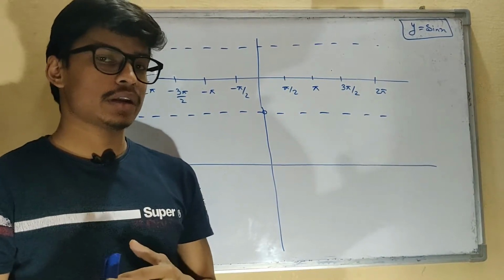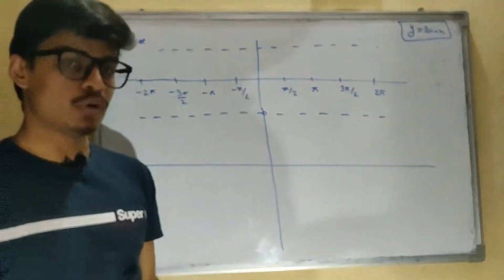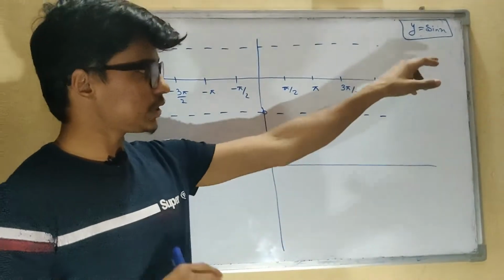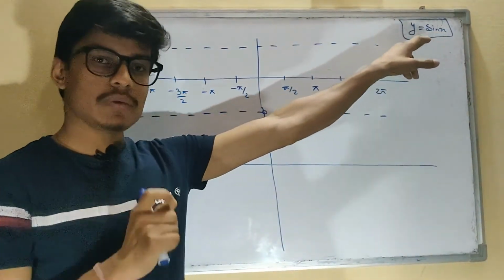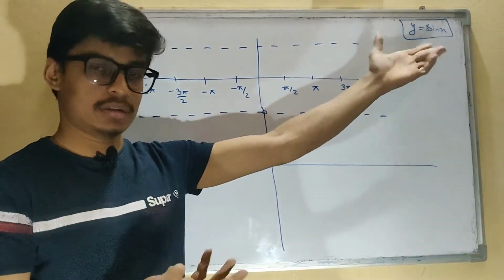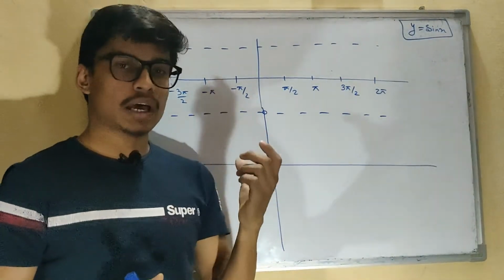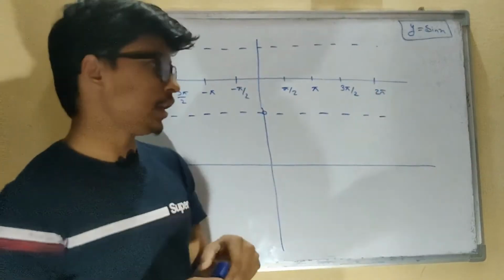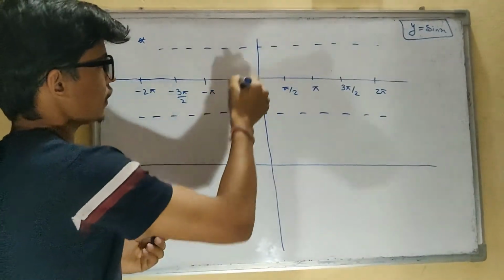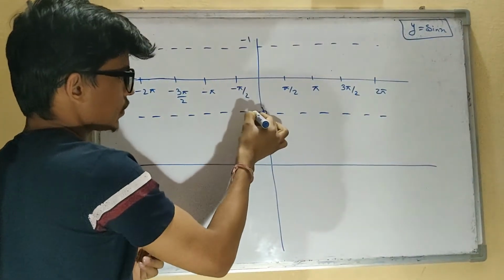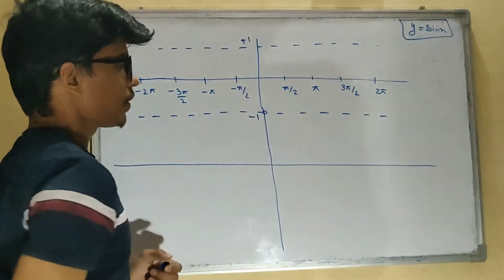Later on we will understand domain and range once more, but for now, the domain of sin x is all real numbers, but the value of y will always lie between -1 and 1. That is why I am showing it like this. So this is -1 and this is +1.